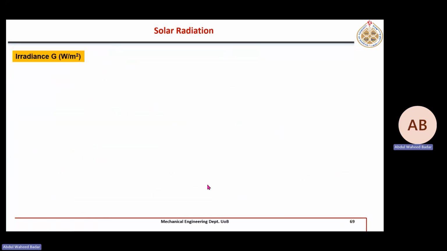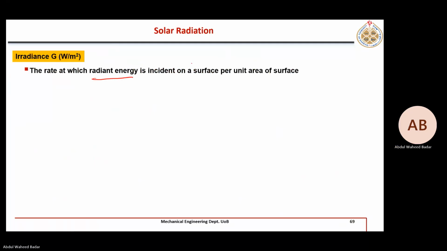Now there are different terms which we must remember during the course of this subject, that will be repeated at different times, and their meanings and their units must be clear. The first term which we normally use in solar thermal systems is called irradiance. What is irradiance? It represents the rate at which radiant energy is incident on a surface per unit area.